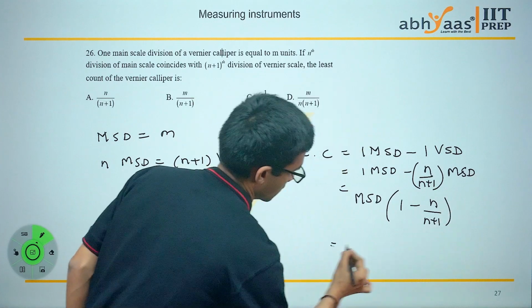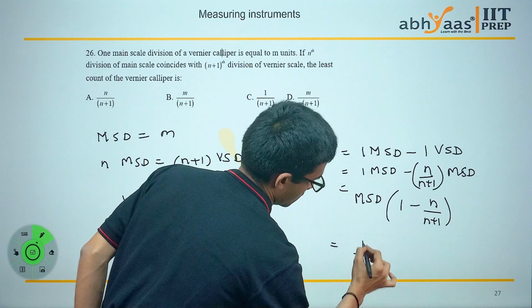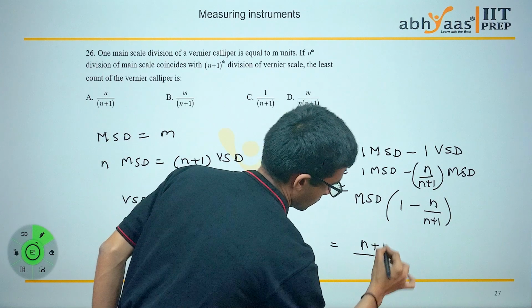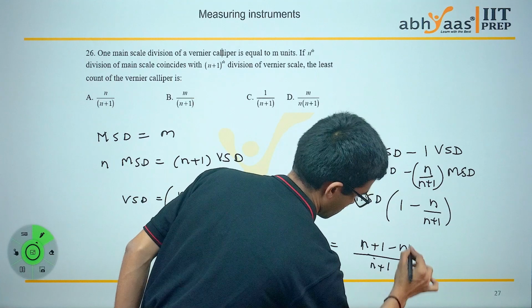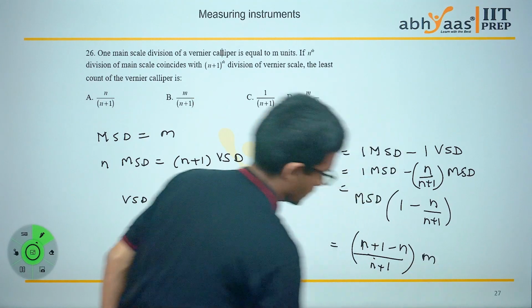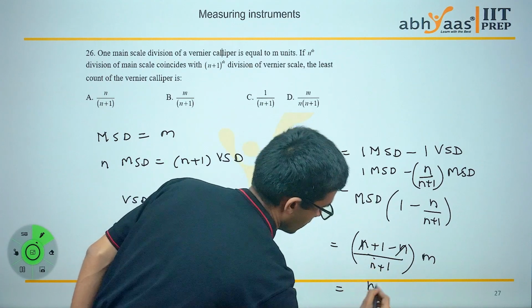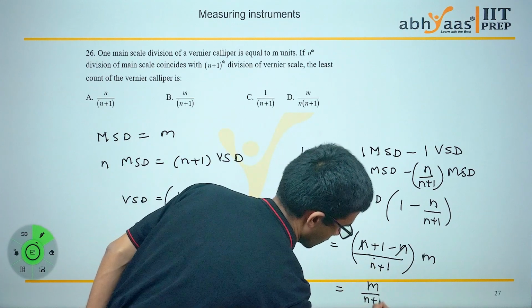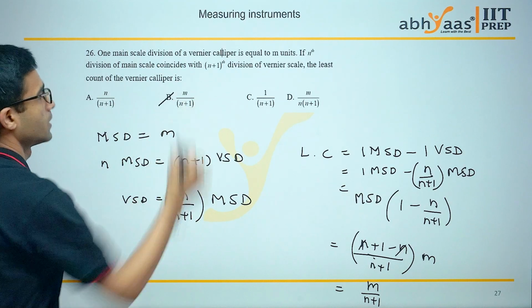So what you will get is N plus 1 minus N, that is 1 by N plus 1, into MSD. What is MSD? M. So now N gets cancelled, and we get M by N plus 1. That is option B.